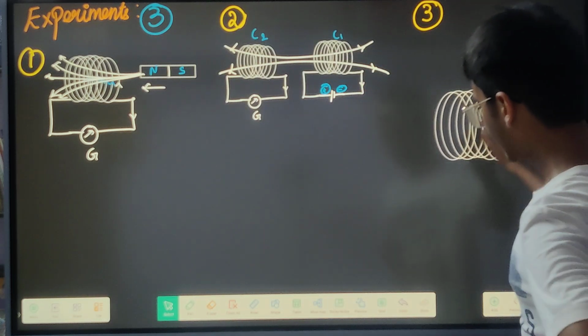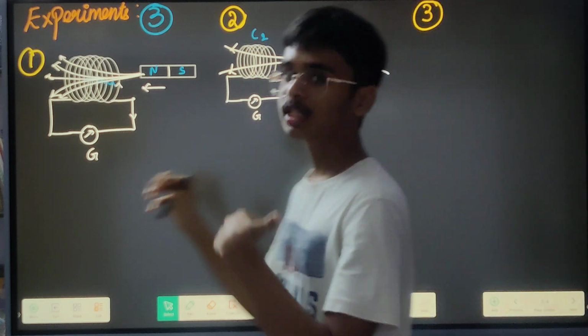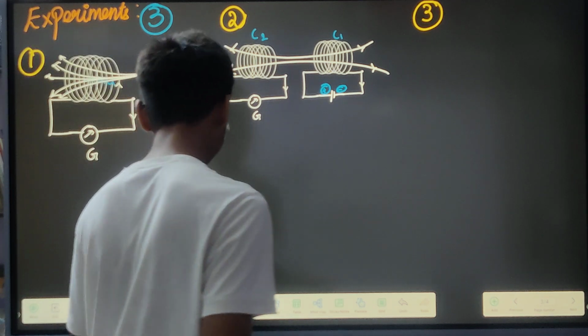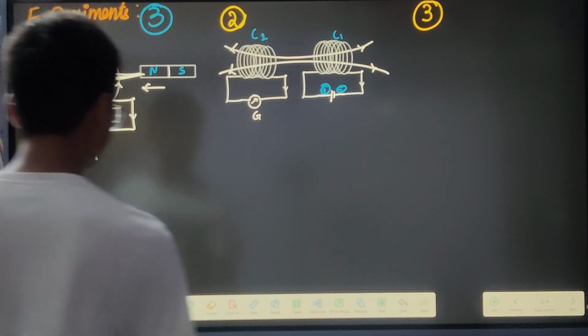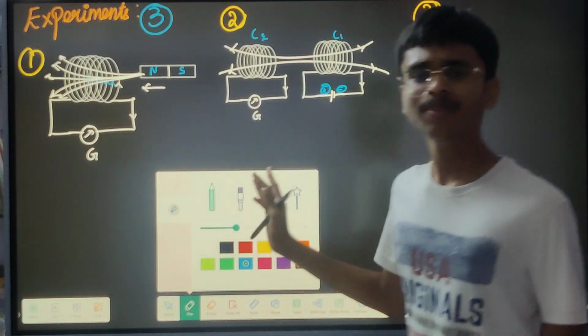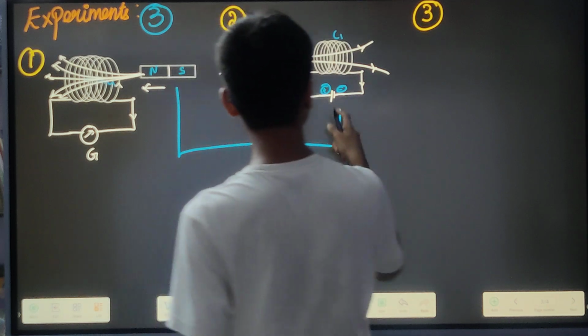Now again, a very similar thing, but this time they have gone to an advanced level. It wasn't this simple. Do you know why this is happening? How is this happening? Actually, we all know that a coil also acts like a bar magnet. So this is very similar.